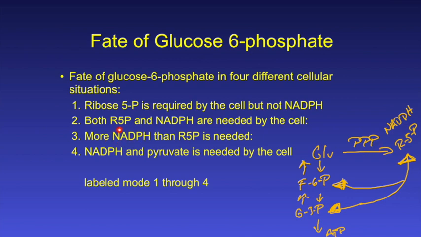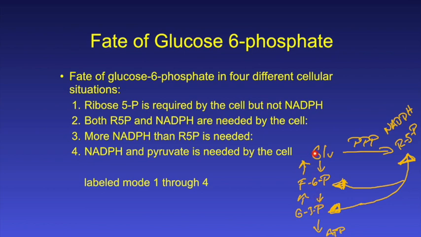What if I want a whole lot of NADPH, but not a lot of ribose 5-phosphate? I can do this. I could make some NADPH. I could take the ribose, put them back into gluconeogenesis.